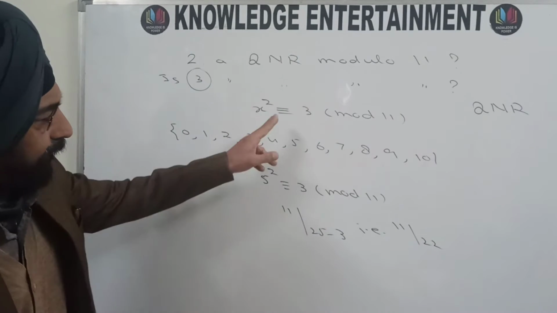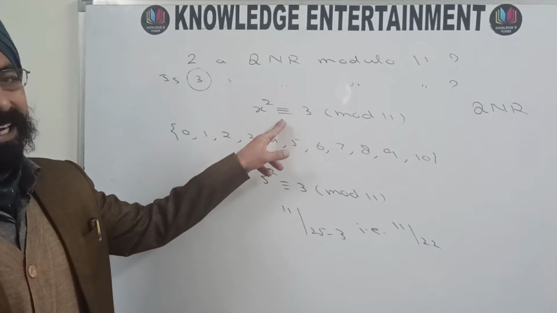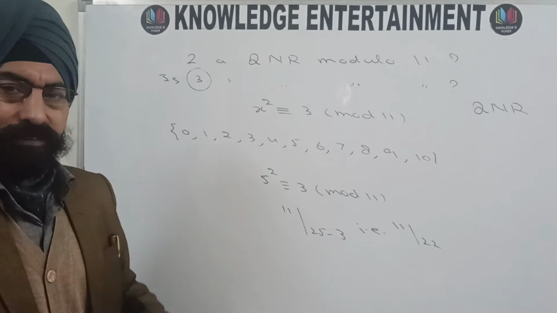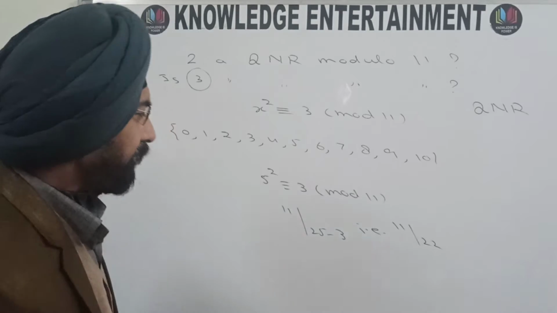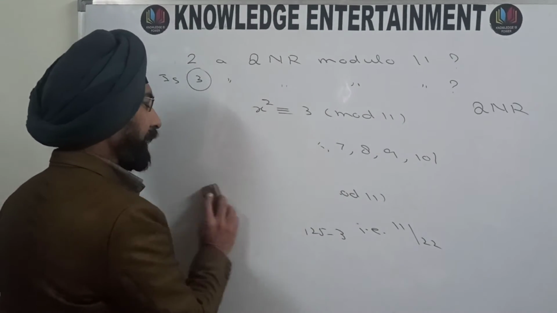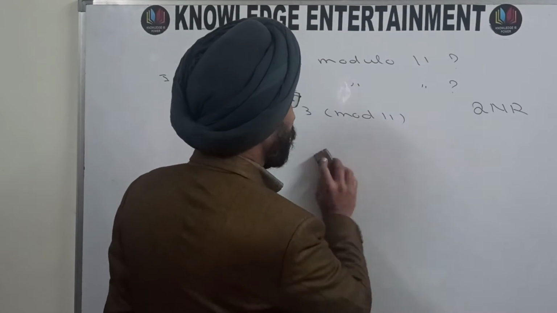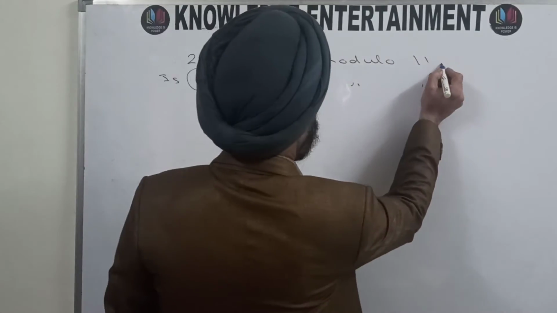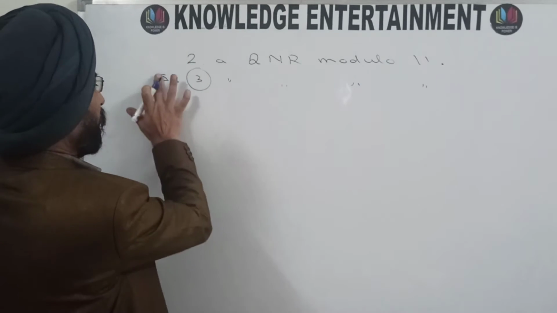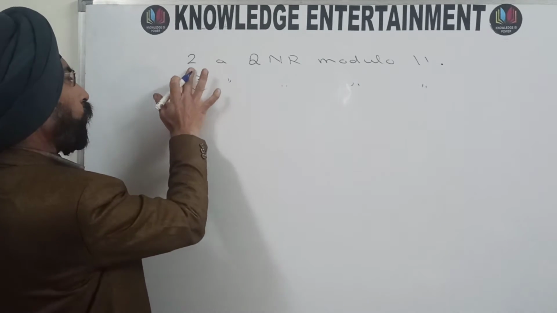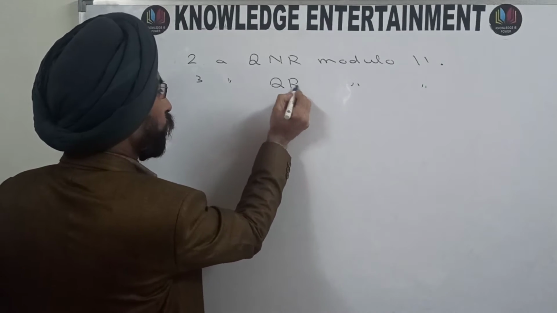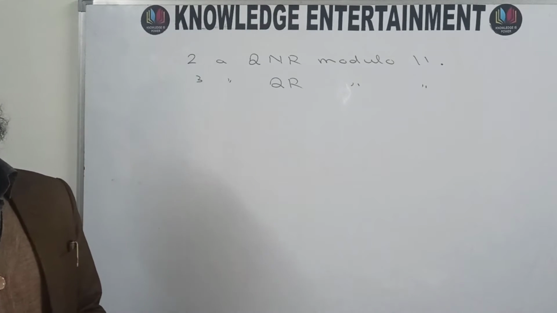So this quadratic equation has a solution in the complete residue system, and the solution is 5. So if it has a solution, that means 3 is a quadratic residue modulo 11. So our first problem is solved: 2 is a quadratic non-residue, whereas 3 is a quadratic residue modulo 11.